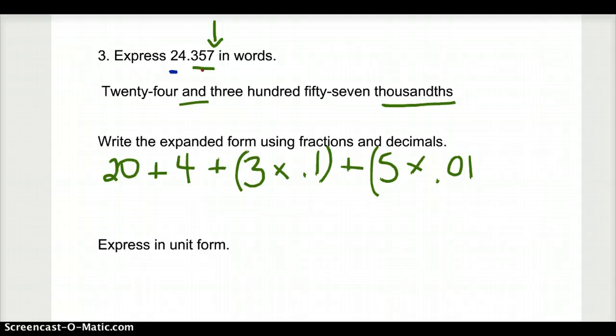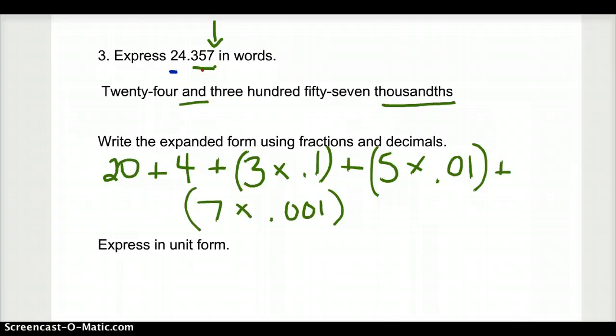I have 5 copies of 1/100th. And then lastly, I have 7 copies of my 1/1,000th. I'm going to wrap this around to the next line so that it's clear. 7 copies of 1/1,000th. There we go. There it is in decimal form.